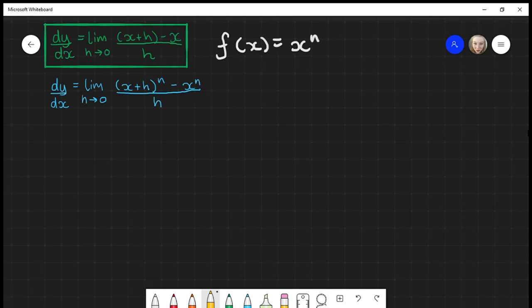Using the binomial power series, I'm going to write an expression for (x plus h) to the n. And so on until you reach the end of the series where it's h to the power n.